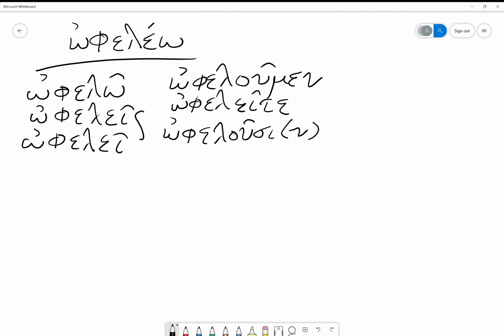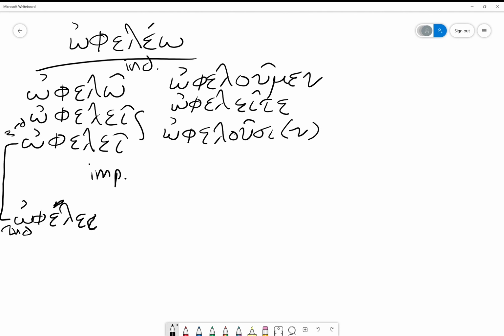And in our imperative, this is the indicative, we are going to have ophele. But notice, this one's third, this one's second. Notice the accents.